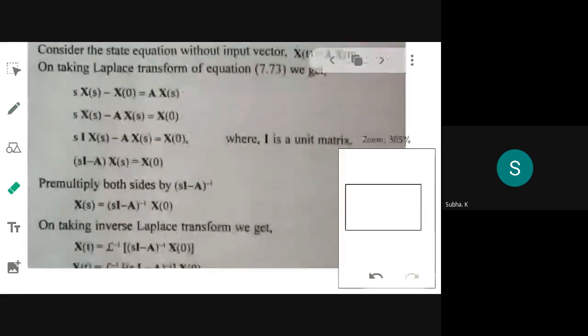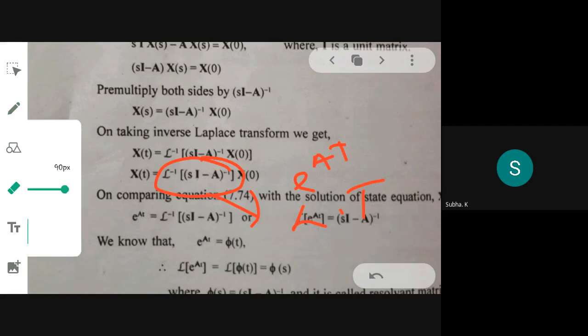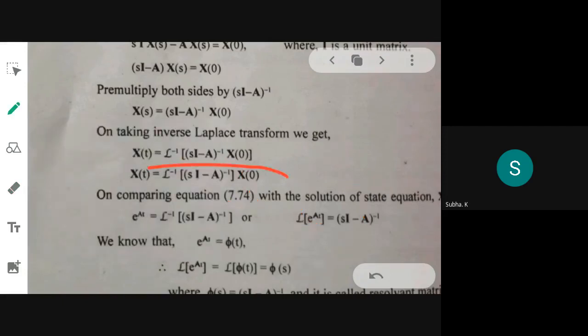The next method is by using the inverse Laplace transform. This equation will calculate e power At. That is the computation of e power At by the Laplace transform technique. So either way you can obtain the answer. This whole thing is the solution of the state equation.